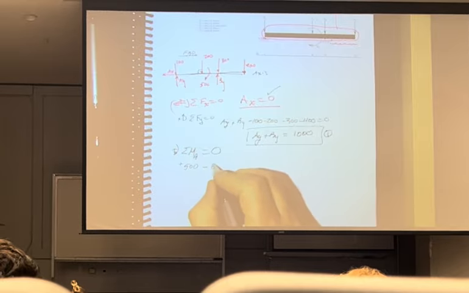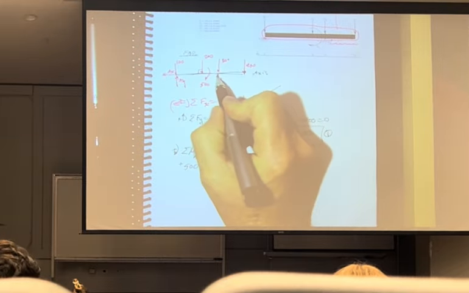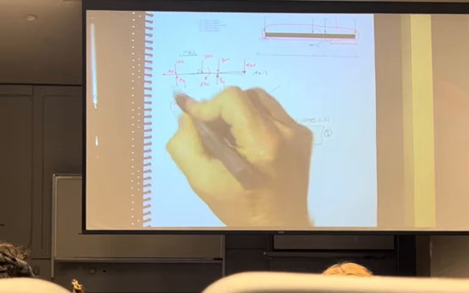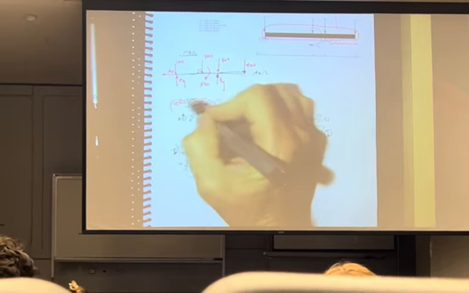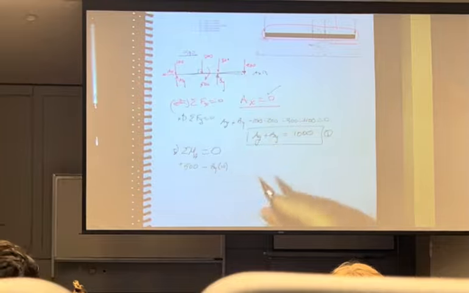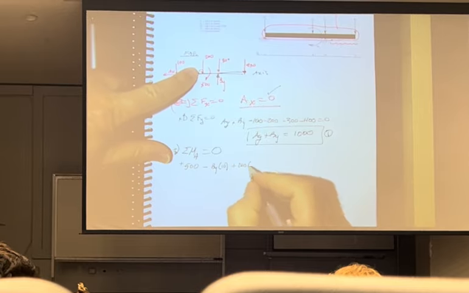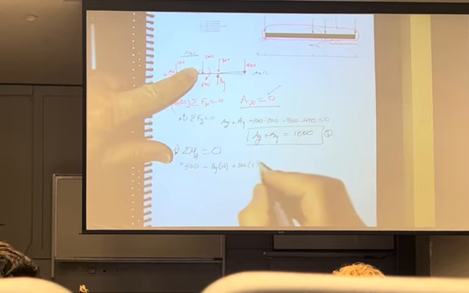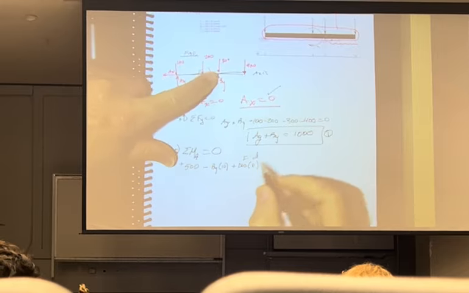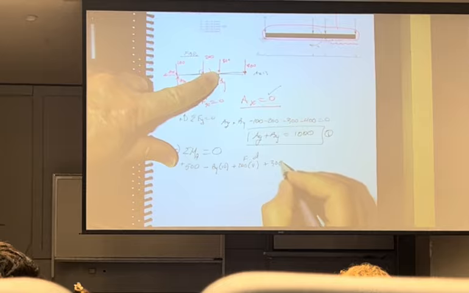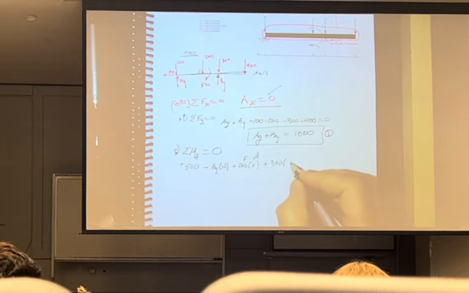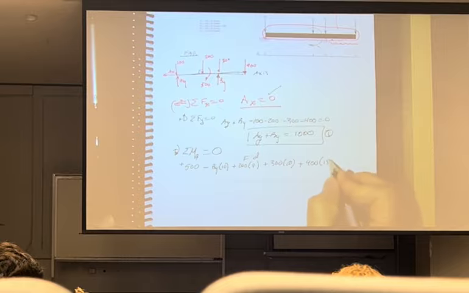Minus BY times 10. Notice this arrow is BY. It goes around A in a counterclockwise fashion, so it's got to have a negative. Next, I have plus 200 times 8. There's the force, that's the distance. Plus 300 times 10. Plus 400 times 15. All must equal 0.